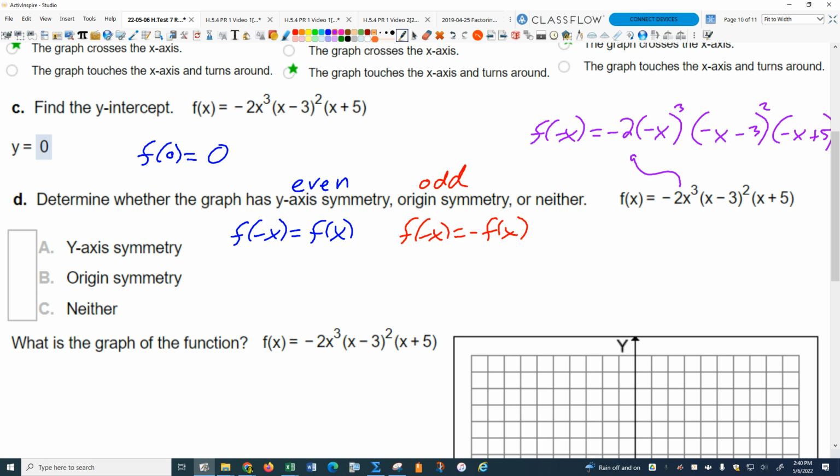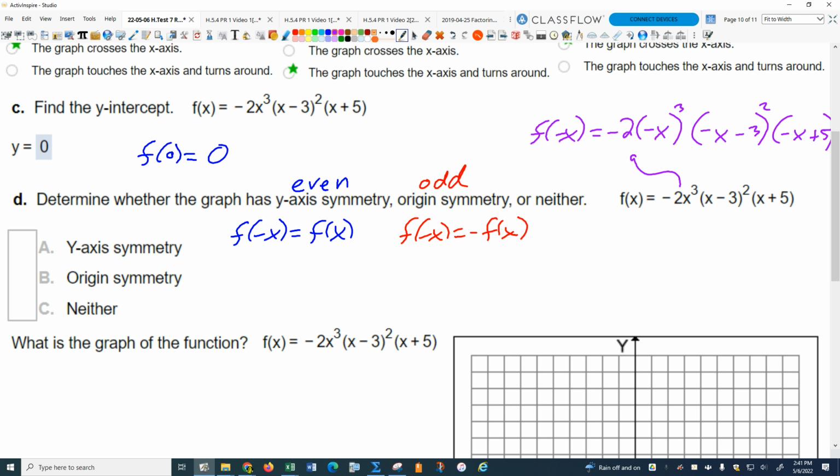If I put in a negative value of x and it's even symmetry, I would have to get the same output as when I put in its positive opposite, right? Everybody agree? It'd have to work for every conceivable value of x. That would have to be true, right?